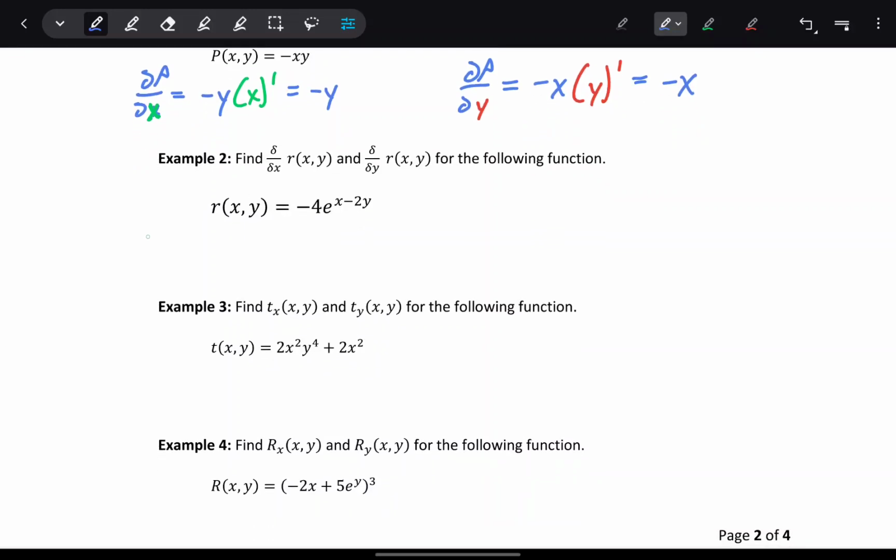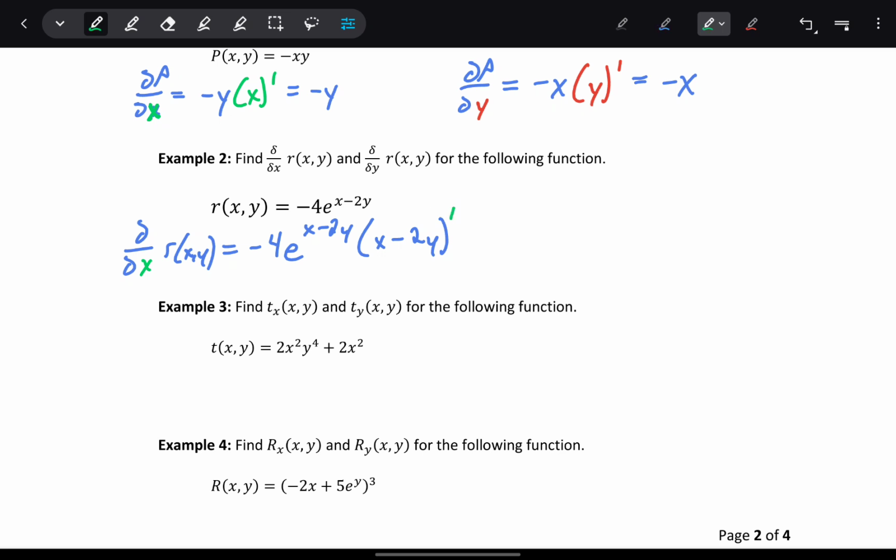In example 2, we want to find delta over delta x of r of xy. That means we'll take negative 4 e to the x minus 2y, since the derivative of an exponential is just that exact same function, then multiplied by the derivative of that interior expression.